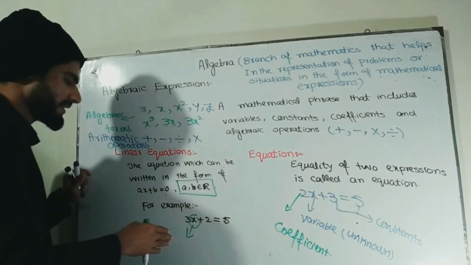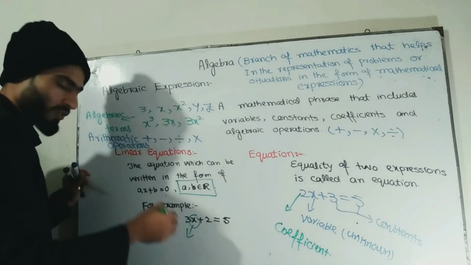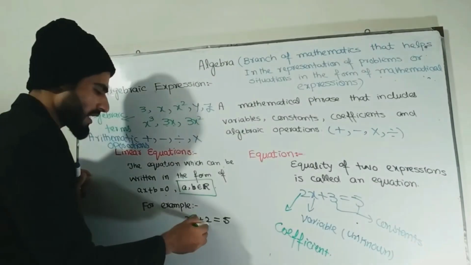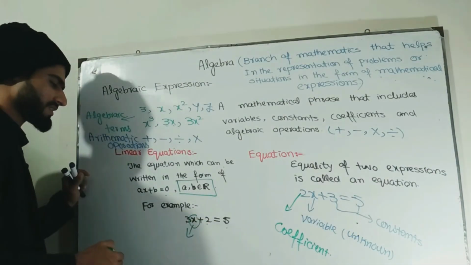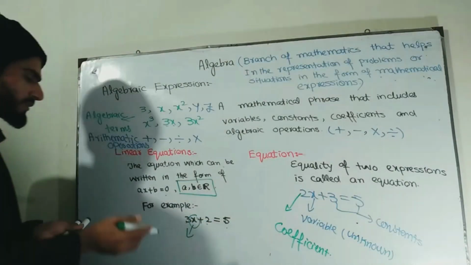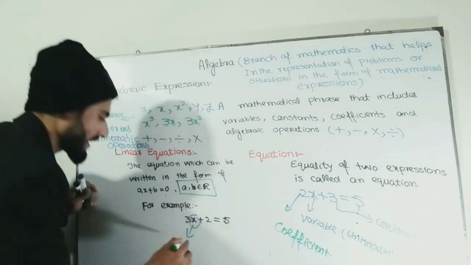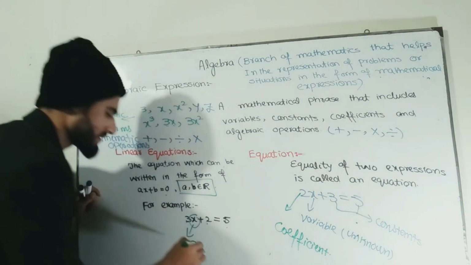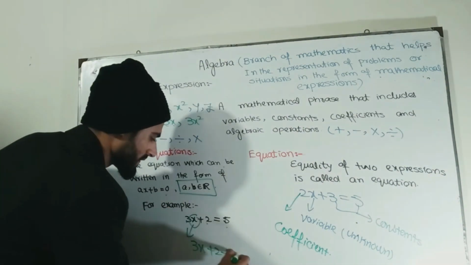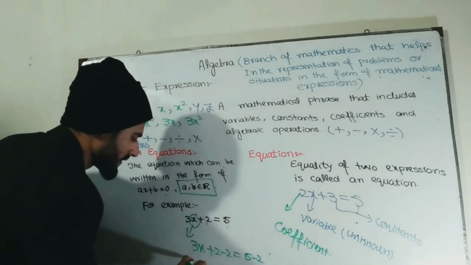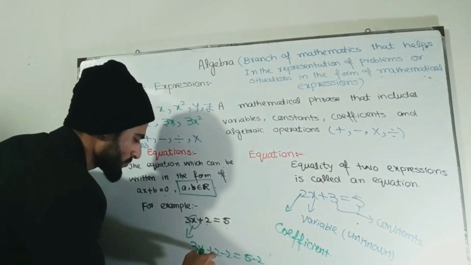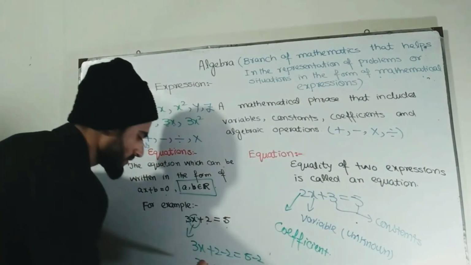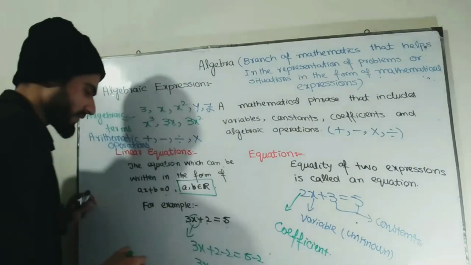Here 3 is the coefficient of this unknown variable, and 2 and 5 are both called constant terms. If we want to calculate the value of x, we can add -2 to both sides. 3x plus 2 minus 2 goes to 0, and 5 minus 2 results in 3.